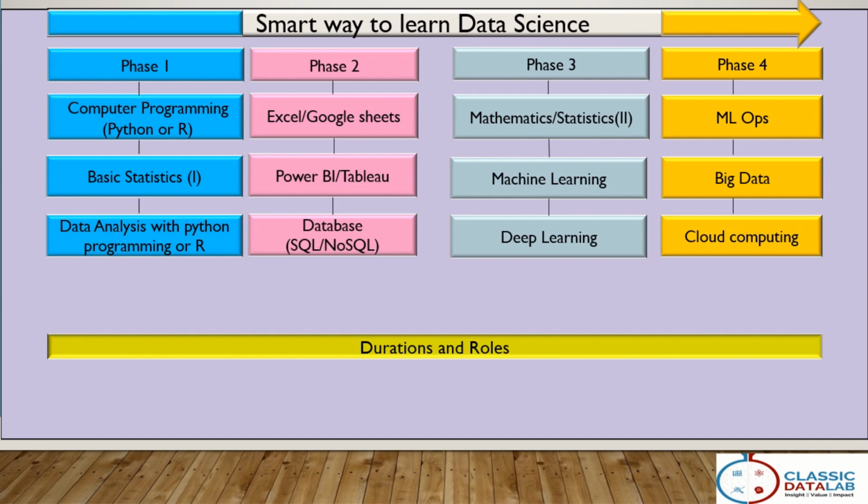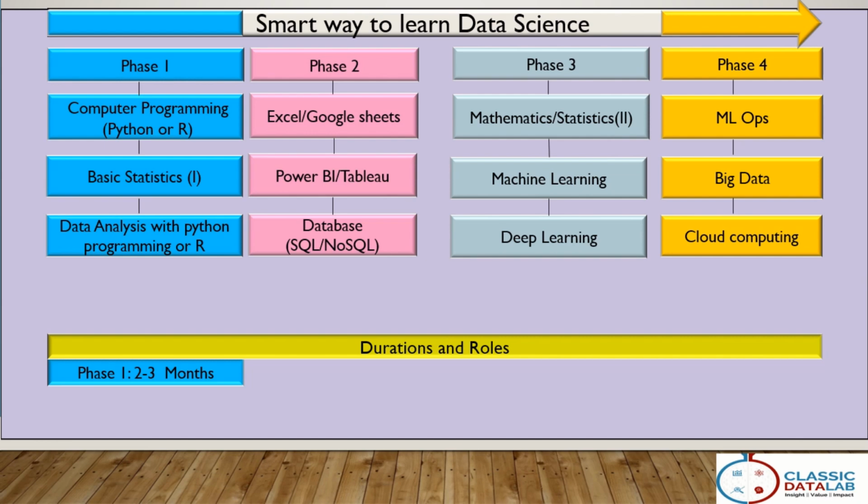However, per my experience and observation, I've realized that for phase 1, it usually takes people between 2 to 3 months. If you have the zeal and you're consistent in your learning, by 2 to 3 months, you'll be very, very strong in Python programming, business statistics, and then data analysis with Python.